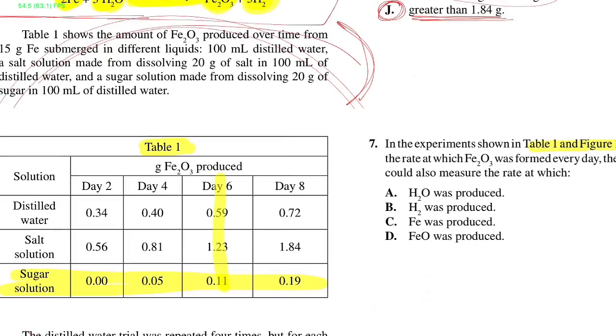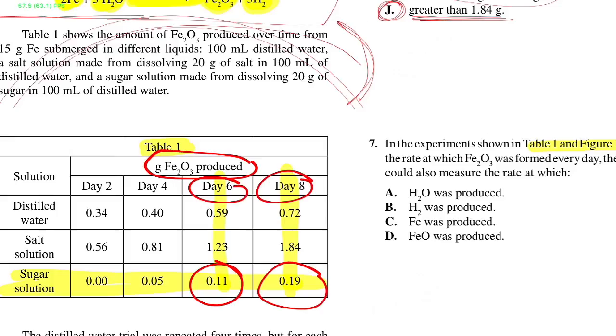So here's my day 6, here's my day 8. So the two key figures are these. And so how much rust was produced from day 6 until day 8? Well, day 6 it was 0.11. Day 8, it was 0.19.